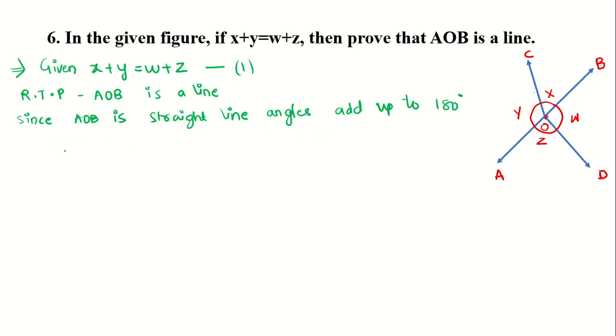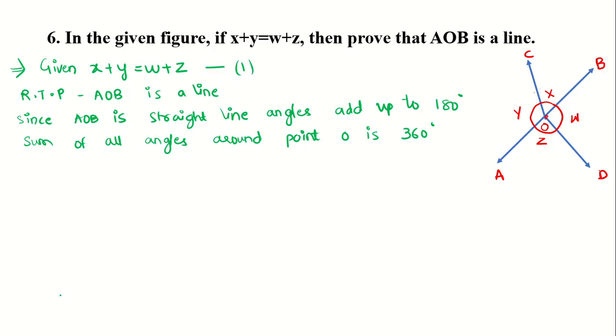Okay. Now, as we can see here, we have a point, and this point is summing up all the angles around it. Now, the sum of all angles around this point O is how much? It is 360 degrees. What are the angles we have around this point?